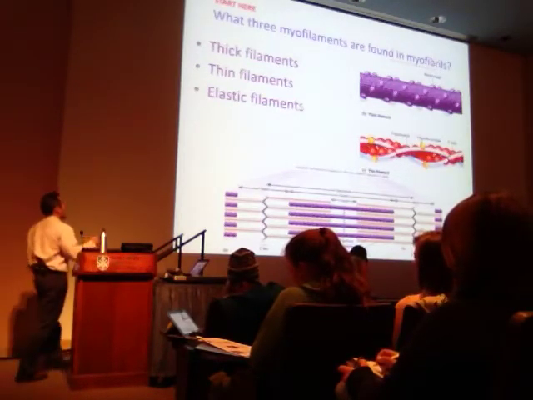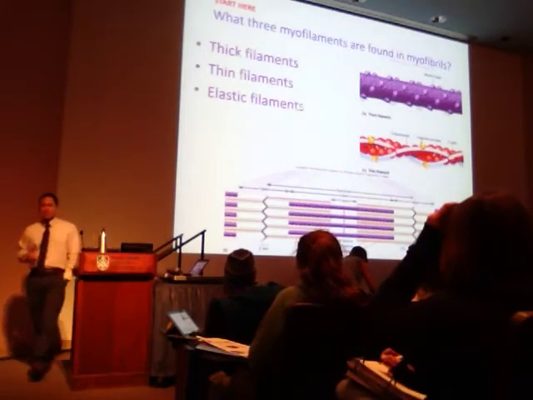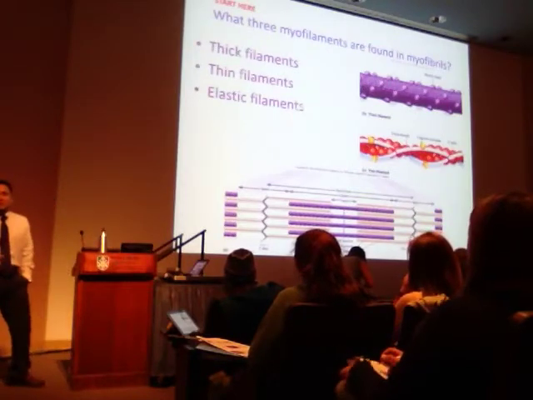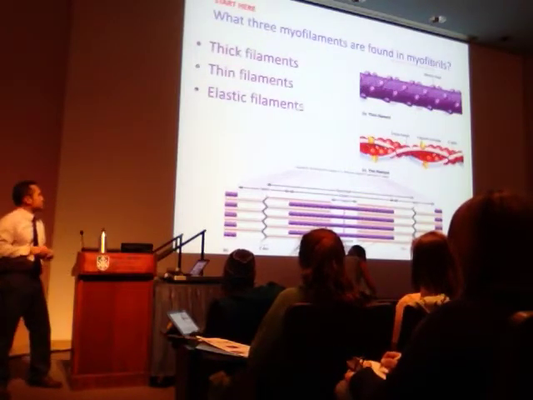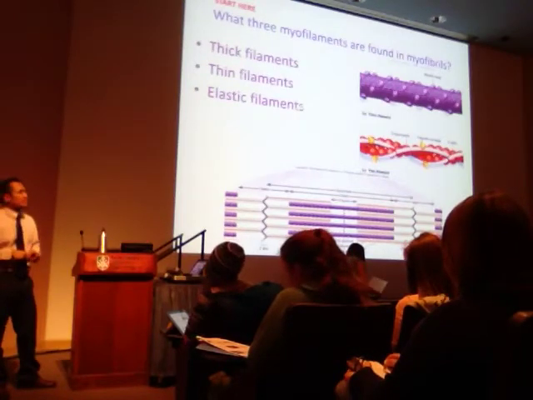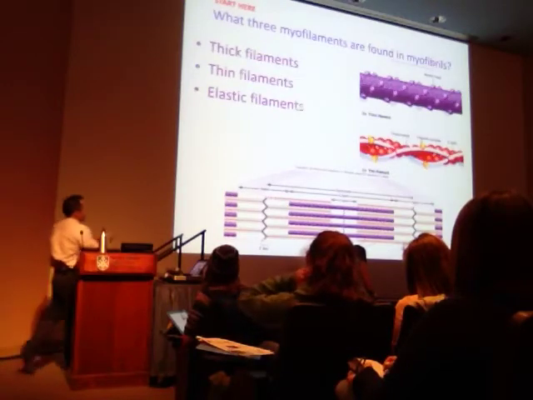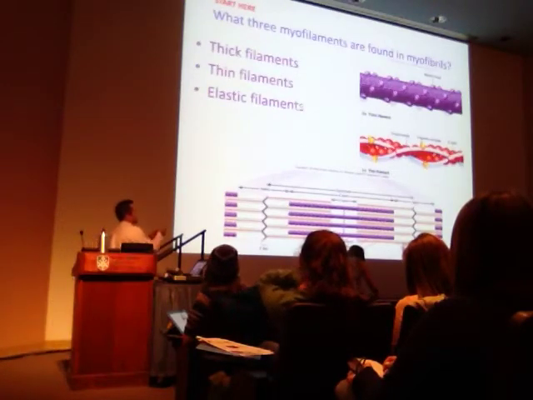The thick filament is this purple structure, and if we blow this up at higher magnification, you can see it in the upper right. It's a much thicker filamentous protein than its counterpart, which is blown up down here, not to scale, right? Because these look about the same thickness.